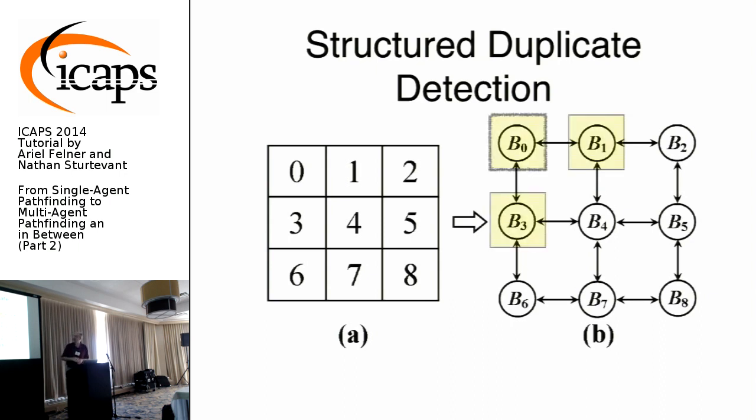So if I look at this state up here, B0, if I read from all the states in this B0 state, all the successors will be in B1 and B3. So I could load all the states in the next level in B1 and B3. And as I generate from B0, I will immediately detect all the duplicates in B1 and B3.